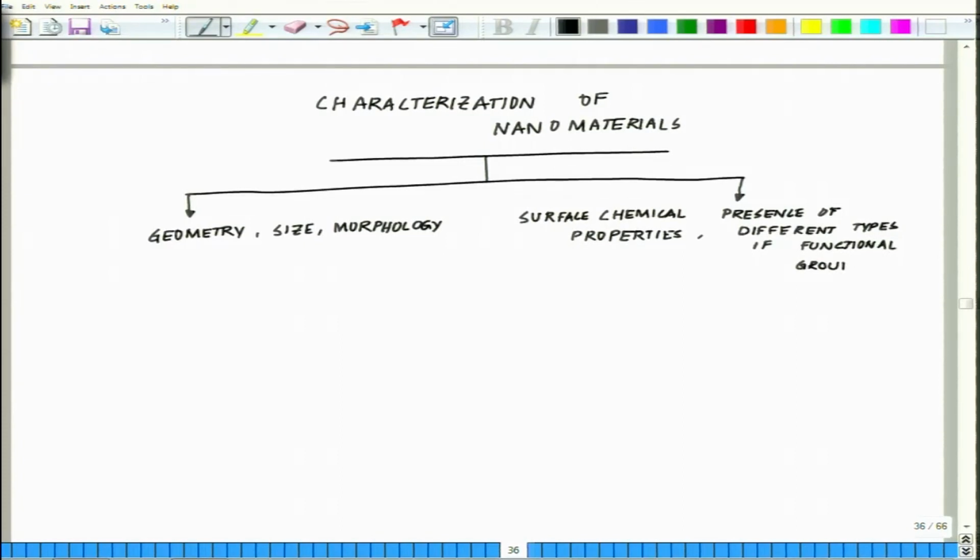Okay. Apart from it, at times, whenever we make thin films of nanomaterials or a layering of nanomaterial, we study their water interaction properties.